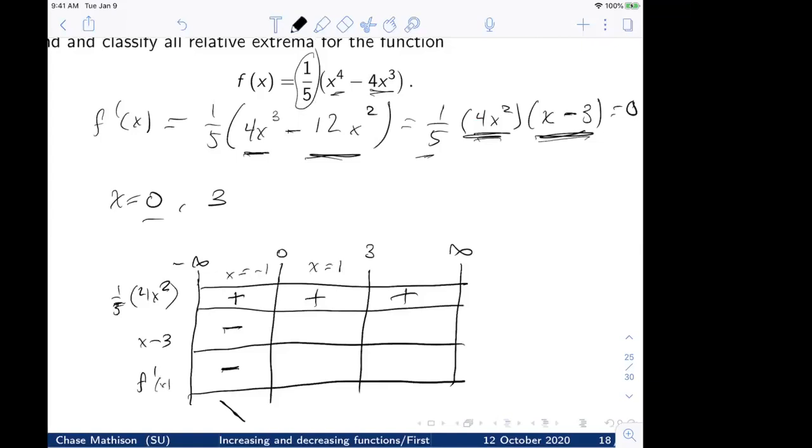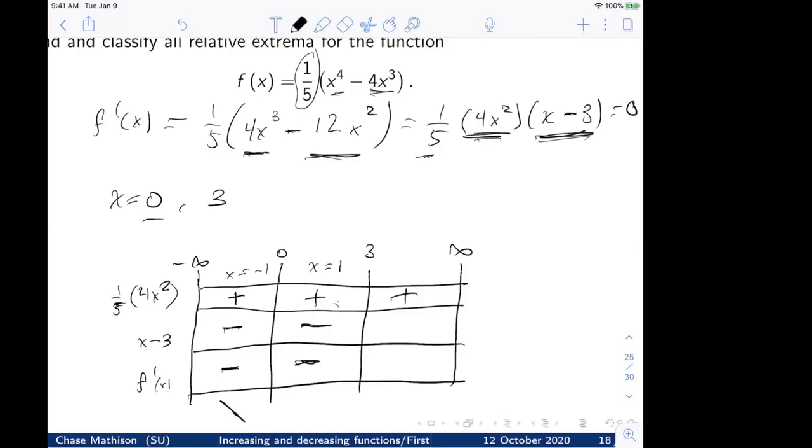So when I plug 1 into x minus 3, what sign does that have? Negative. Perfect. And so f prime of x between 0 and 3, what sign does that have? Negative. Yeah, positive times a negative is going to give me a negative.